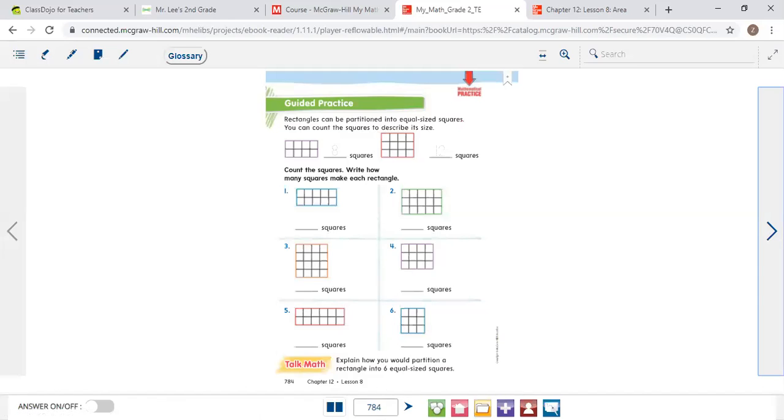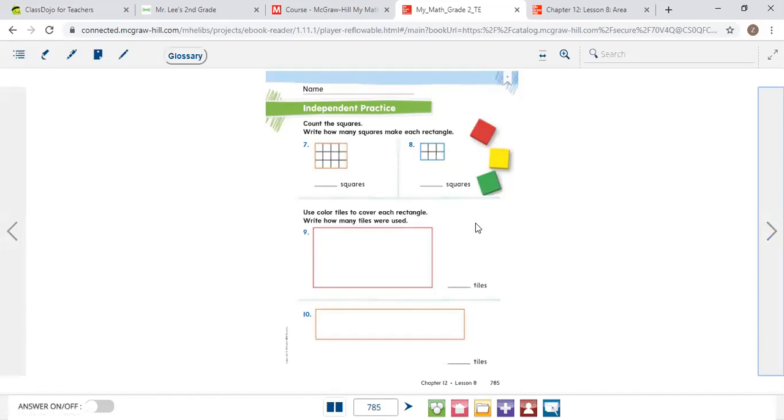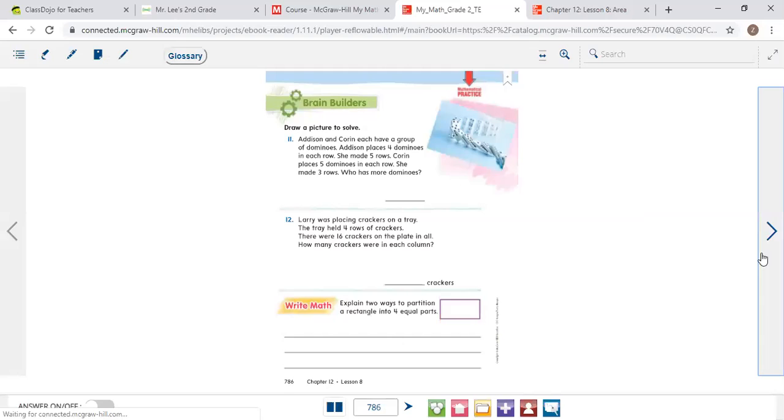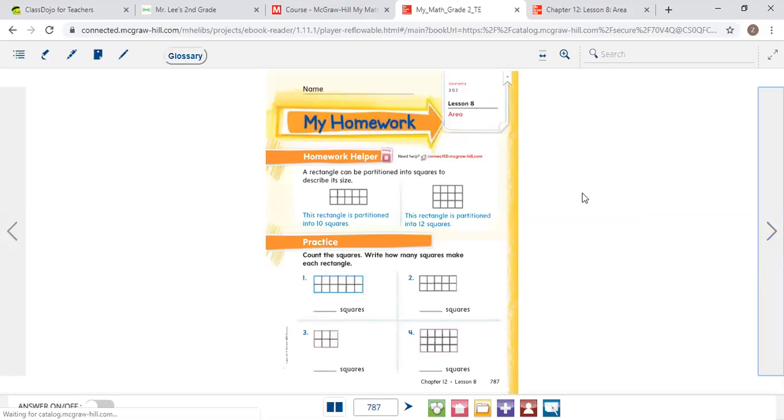This one will be pretty easy. Find the area. Again, multipliers, you can do it. We can skip count and count each one individually. Also, I'm not going to give you this part of the independent practice because you don't have colored tiles and you don't have paper at home. So I will give you the brain builders, which you might have to draw on a separate piece of paper. And I will give you the My Homework in the next couple of days.